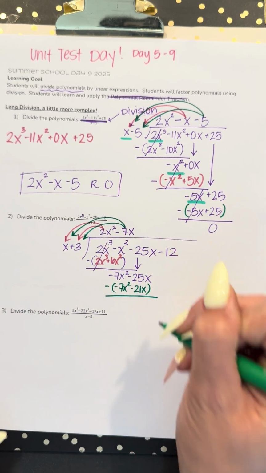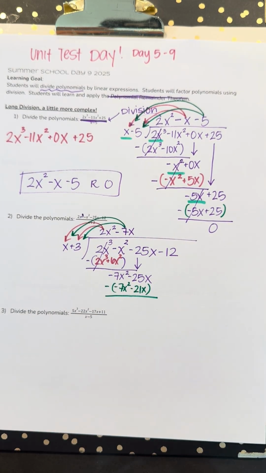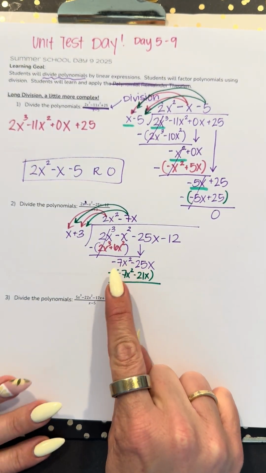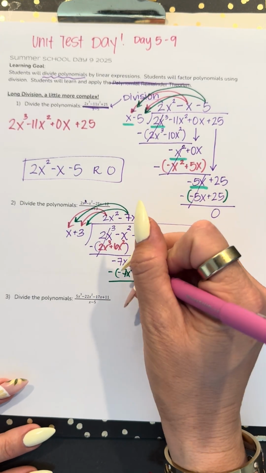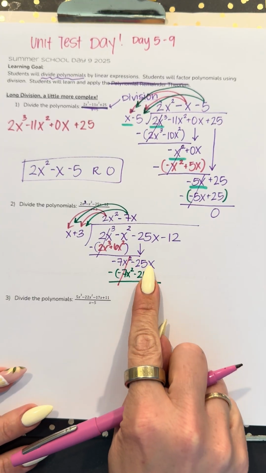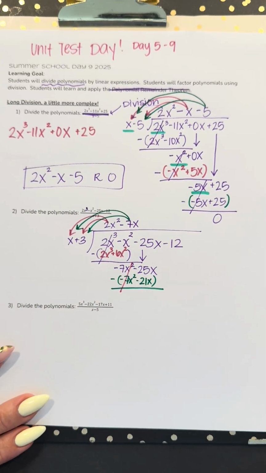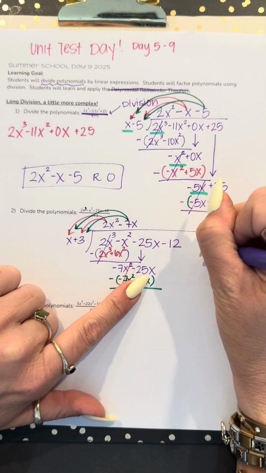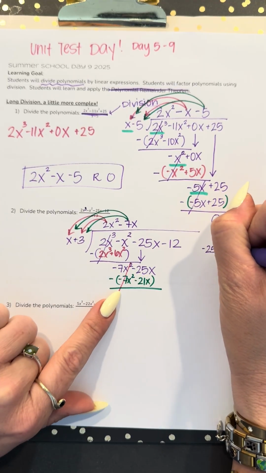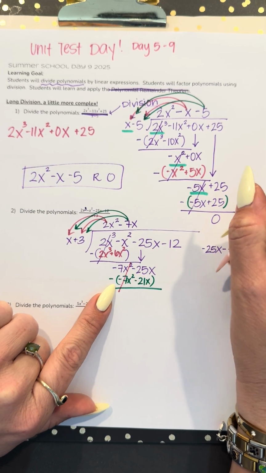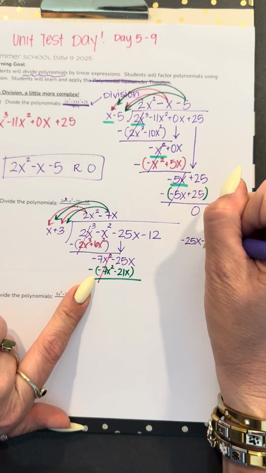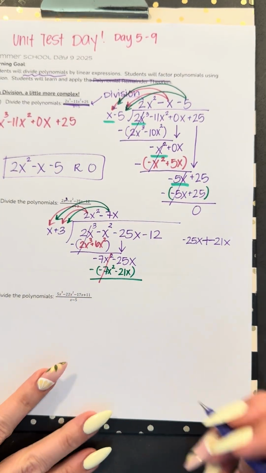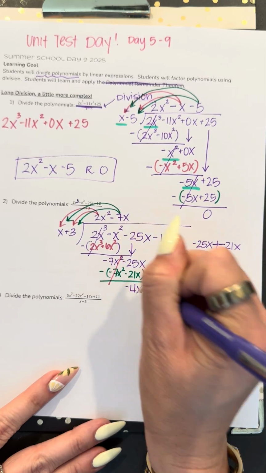And I'm subtracting all of that. Negative 7 minus negative 7. So double negative turns into a positive. I get 0 there. Negative 25x minus, so showing this scratch work, negative 25x minus negative 21x. This right here will turn into a plus, which means I get negative 4x.